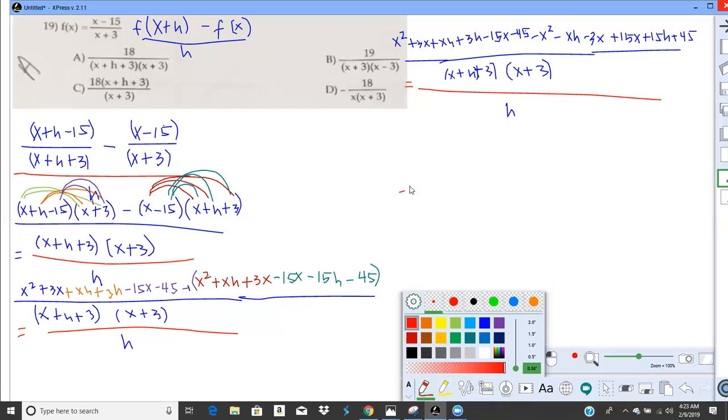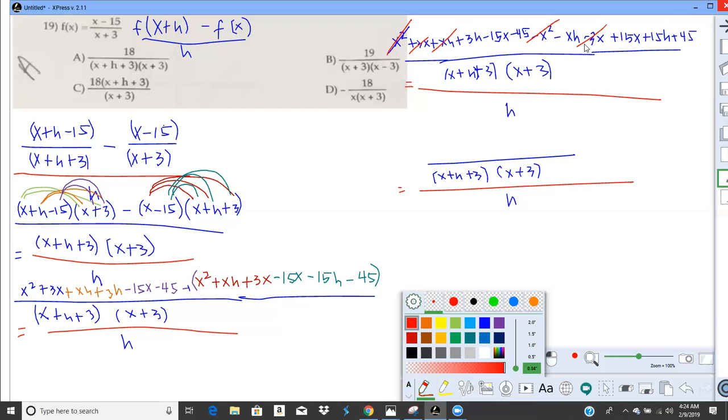Equals. This denominator here, x plus h plus 3, x plus 3. Now let's see what we can cancel out. Positive x squared will cancel with negative x squared. Positive 3x will cancel with negative 3x.